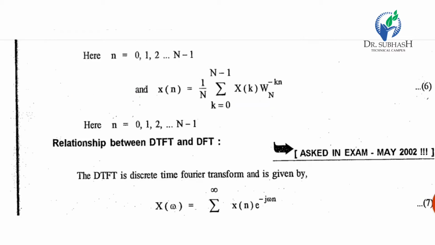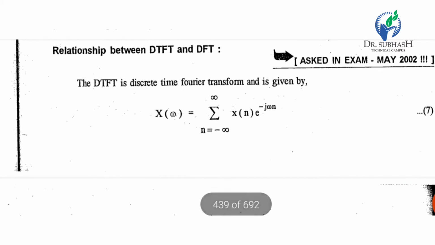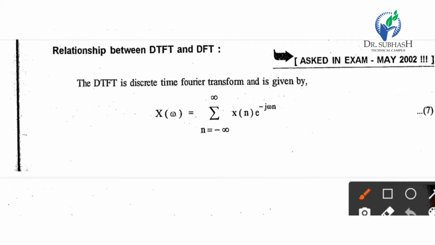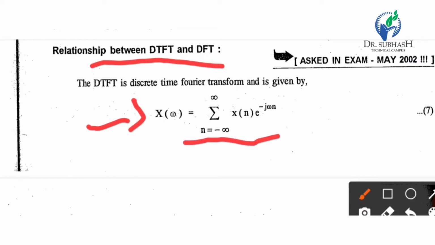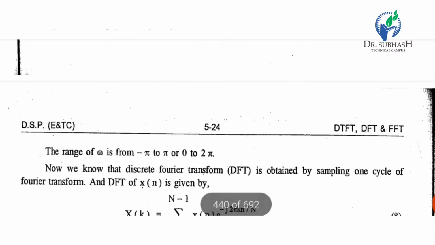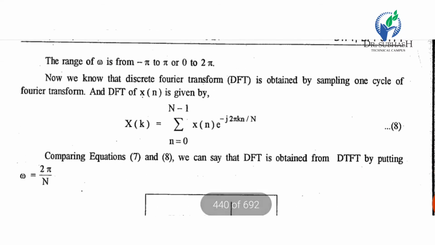So first we find the relation between DTFT and DFT. DTFT is the discrete time Fourier transform and its equation is X of omega equal to summation n equal to minus infinity to infinity x of n e raised to minus j omega n. The range of omega is from minus pi to pi or 0 to 2 pi.